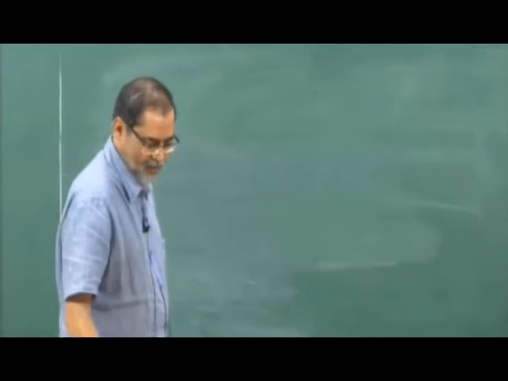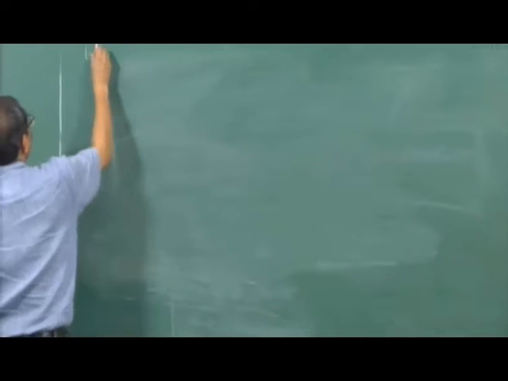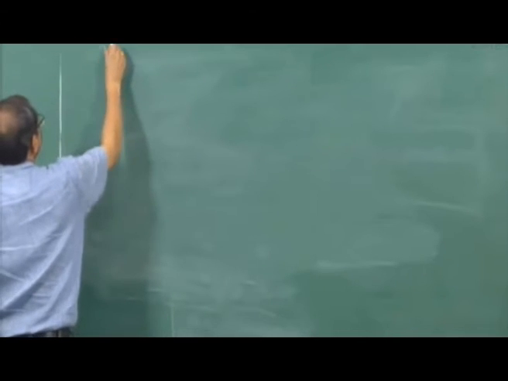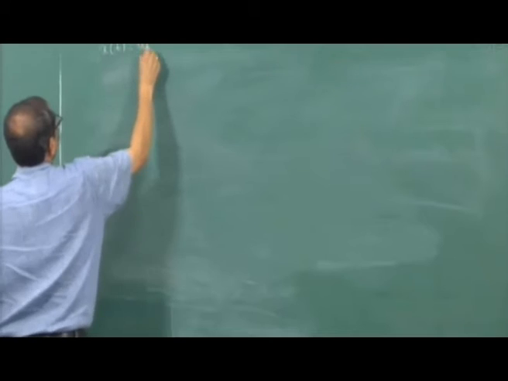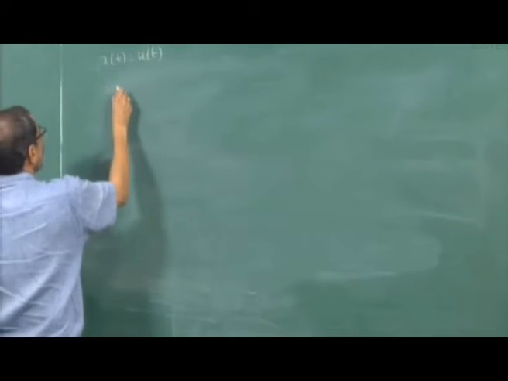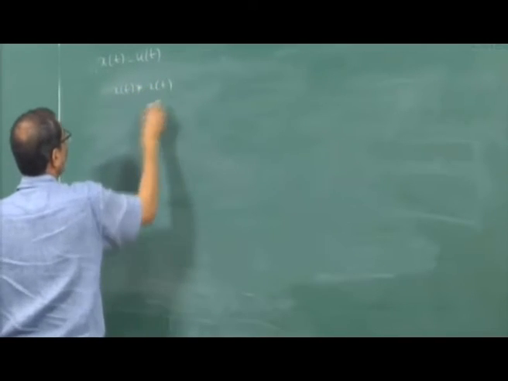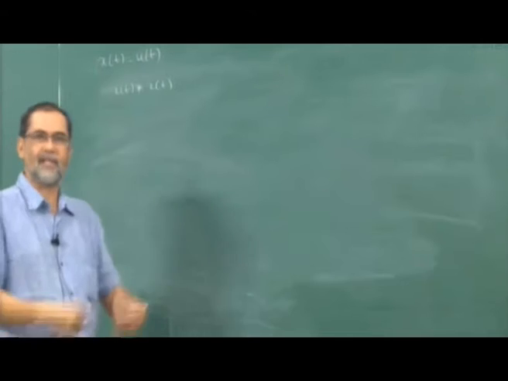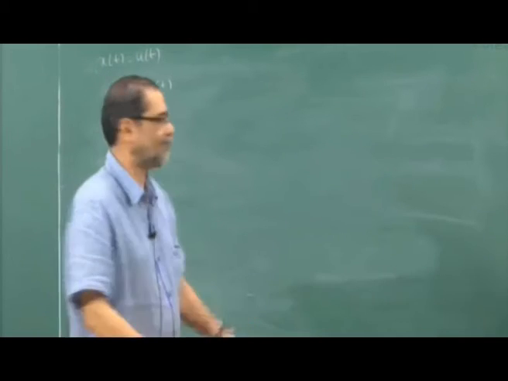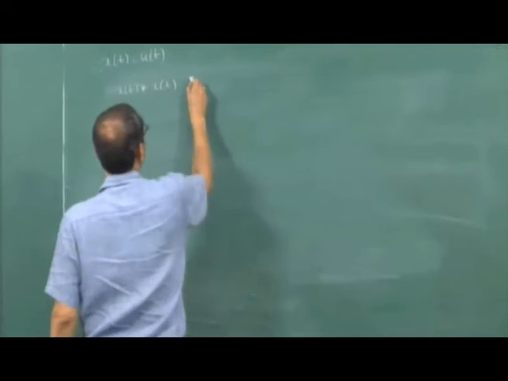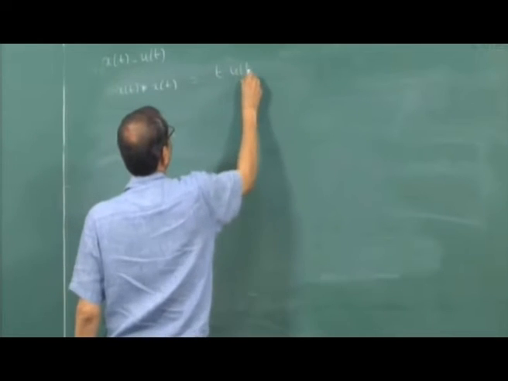We're getting into interesting questions here, because some textbooks tell you that if x is u, that is unit step, and you convolve x with itself, if you convolve u of t with itself, unit step with itself, this result will be a ramp function.